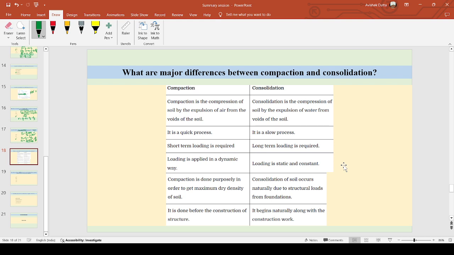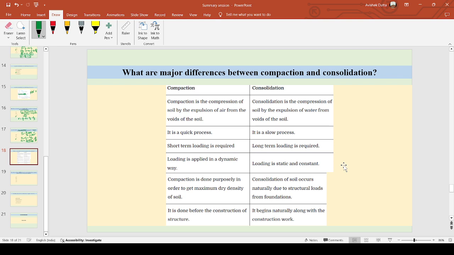Now, compaction is done purposely in order to get maximum dry density of soil, and consolidation happens naturally. To improve the strength of the soil for the creation of foundation, compaction is done in order to obtain the maximum dry density at the optimum moisture content of the soil. But in the case of consolidation, when a structure is built, it naturally occurs due to the overburden loads from the foundations.